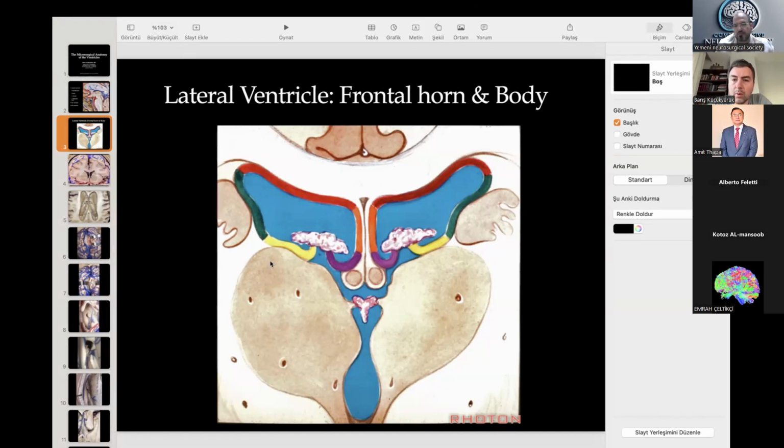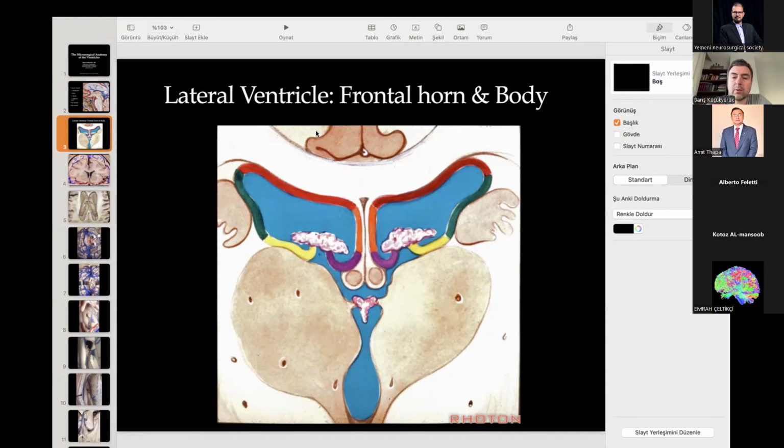On the lateral wall of the lateral ventricle, again the frontal horn and the body, there is the caudate nucleus. Anterior to the foramen of Monro, it's the head of the caudate nucleus, but posterior to the foramen of Monro, it is the body of the caudate nucleus. On the medial wall, there is the septum pellucidum.